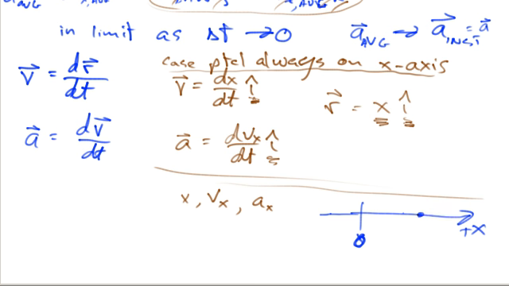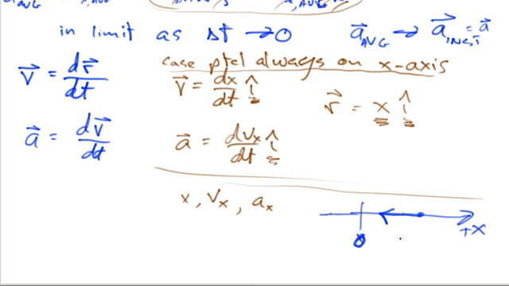If the particle is moving in the minus x direction and it's slowing down, then the change in velocity is to the right, and we would say the acceleration is positive. If it's going backwards and speeding up, so this is getting bigger and bigger, then the change in the velocity is negative. It's in the minus x direction, and the ongoing change is negative, so we have a negative acceleration.